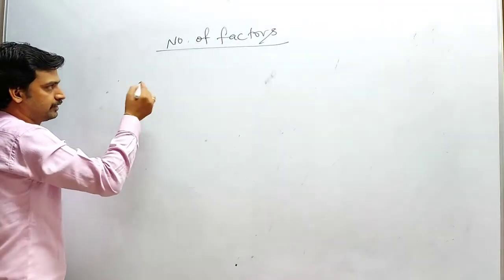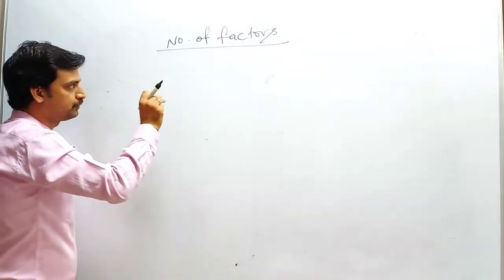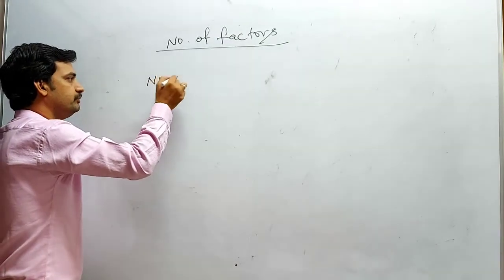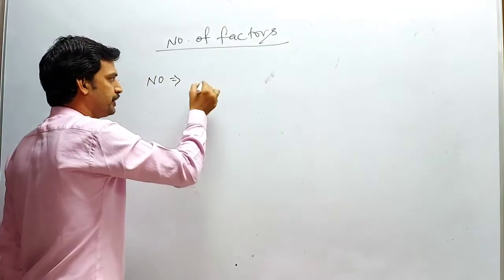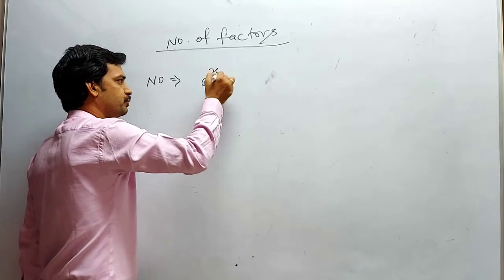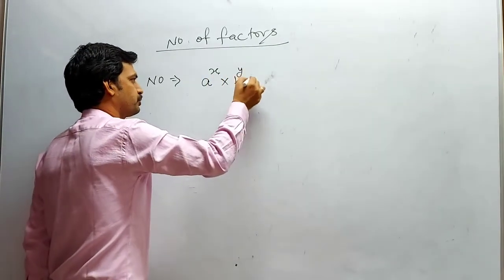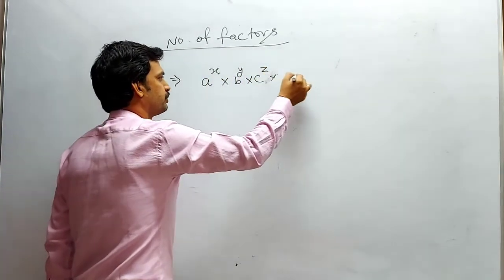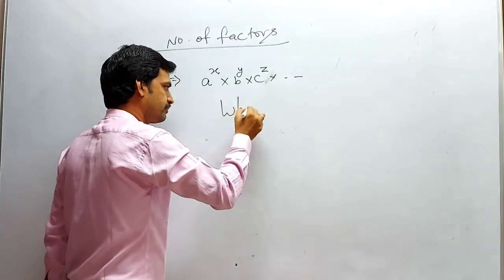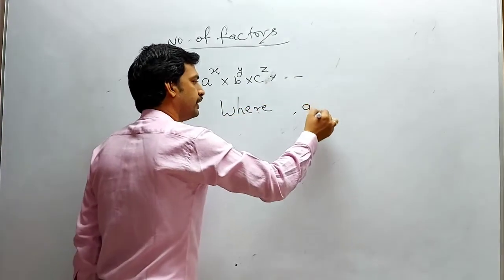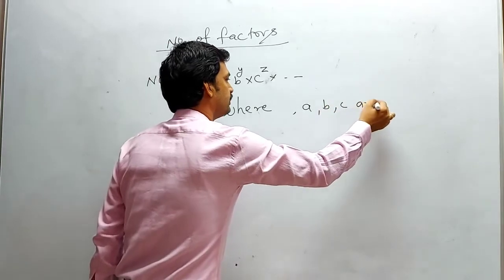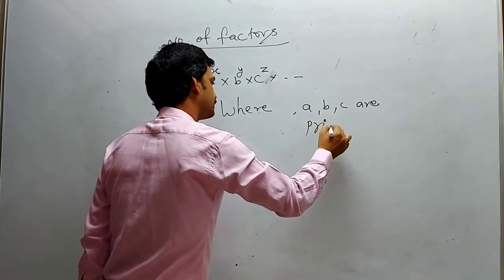So before the example, I'll give you the formula. Whenever a number is given, you need to write that number in the form of a raised to x into b raised to y into c raised to z into dot dot dot, where a, b and c are prime numbers.